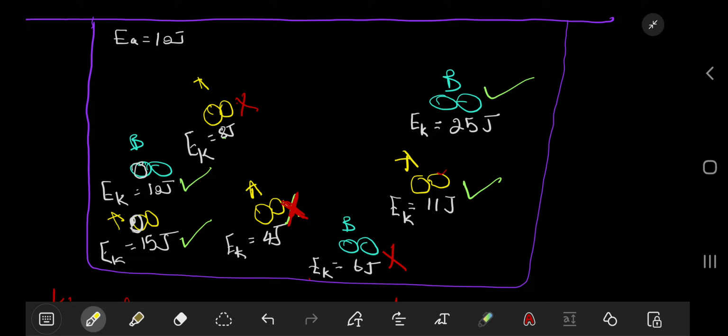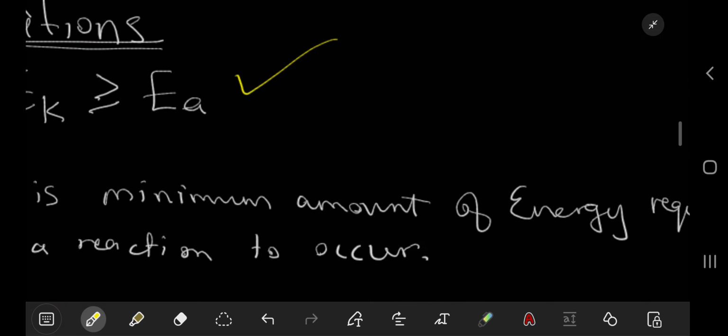And then a particle of A which has 15, which is greater than 10. And then for B also we have two particles. This particle here has 25, which is greater than the required. So we had two particles and two particles.